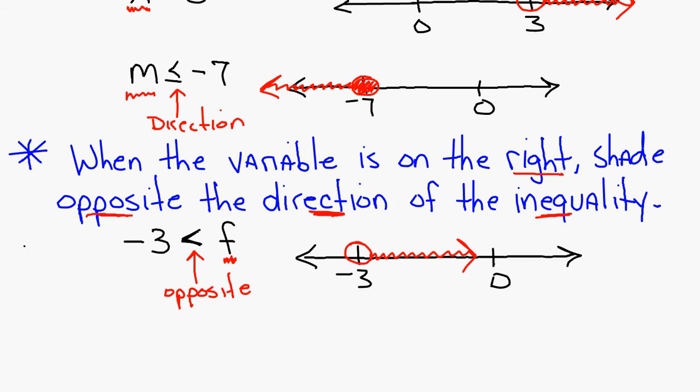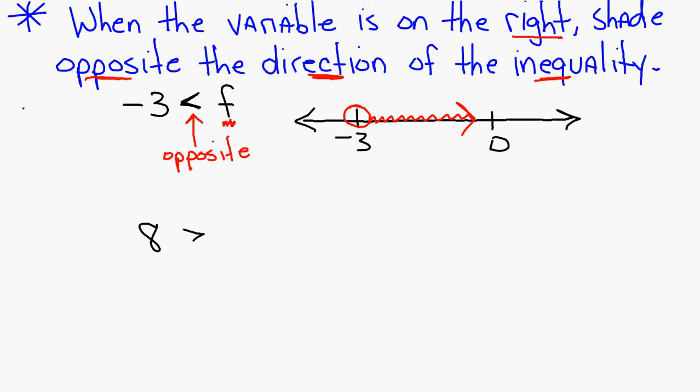If 8 is greater than or equal to b, your first couple steps are the same. You put a b on the number line and you put an 8 on the number line. Greater than or equal to, that is a closed circle. So the variable's on the right, so you're going to shade opposite the direction of the inequality.